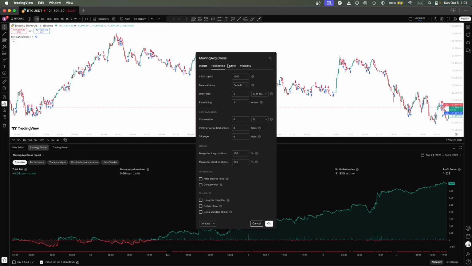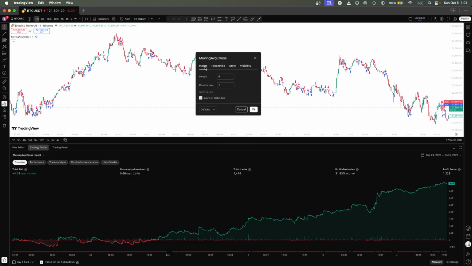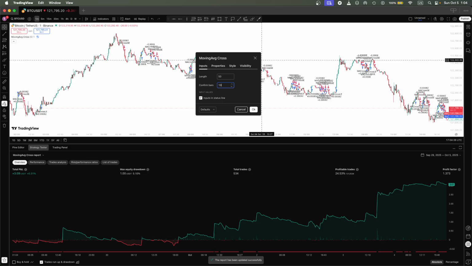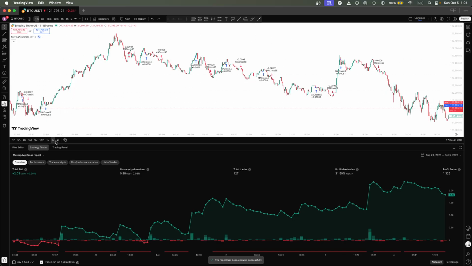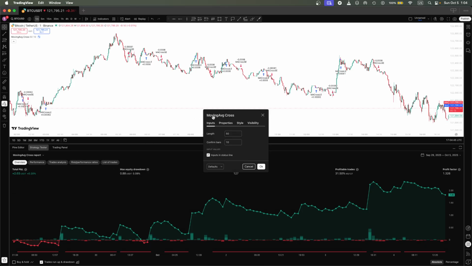So here we can go under inputs, and then we can change the length. Let's say you want to choose a 50 moving average, and maybe around 10 bars to confirm. You can tweak this. These are the tweakable parameters in your strategy.